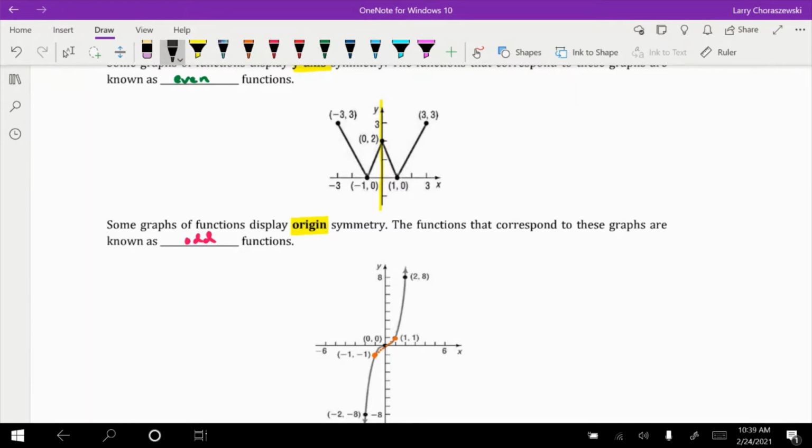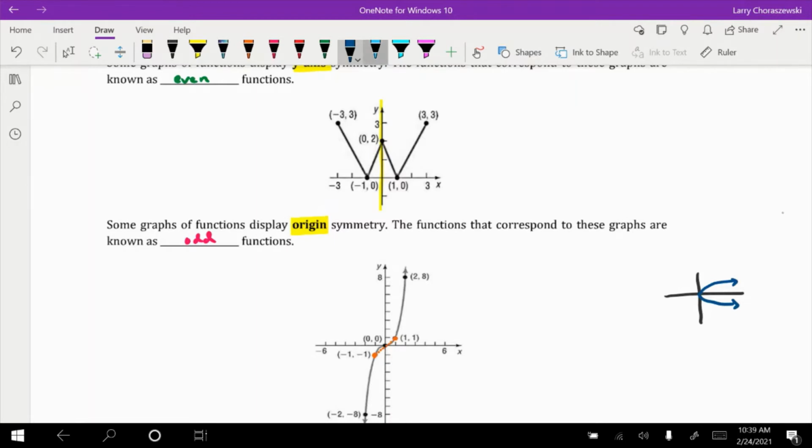Now you might be wondering, why are we not looking at graphs that have x-axis symmetry? Well, that's pretty easy to explain. Here's a graph with x-axis symmetry. Think about the definition of a function, or how we were testing to see if the graph is the graph of a function. Would this graph that I just drew be the graph of a function?